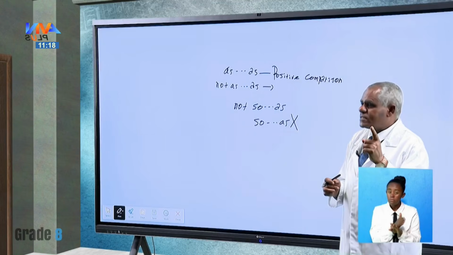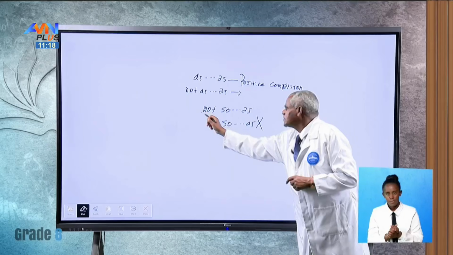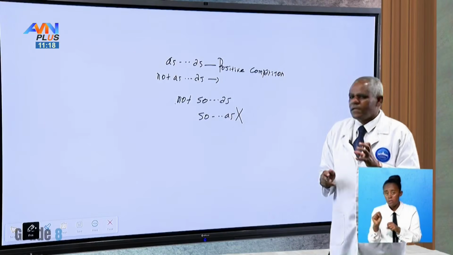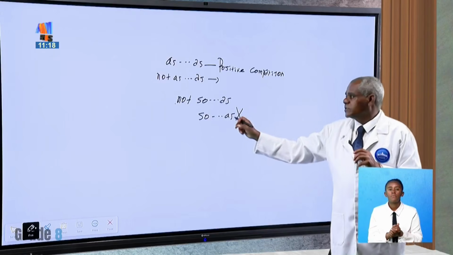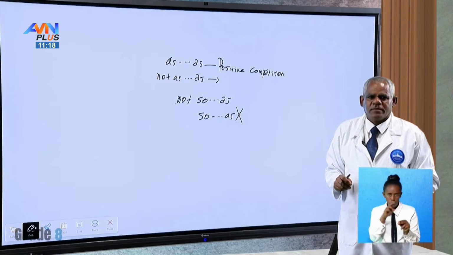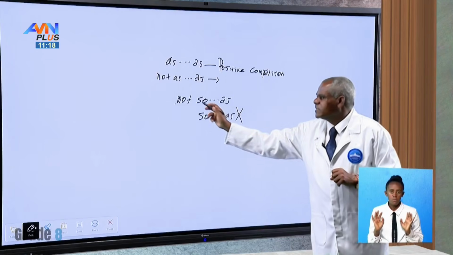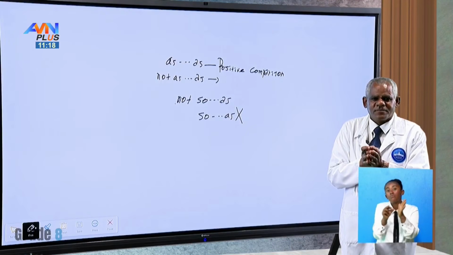In the case of the "as" structure, we can use it in both cases. But in the case of "so as" structure, NOT has to be available there. Don't use it just like "so as" structure. We can't say that, because the language of the structure doesn't allow you to do this.